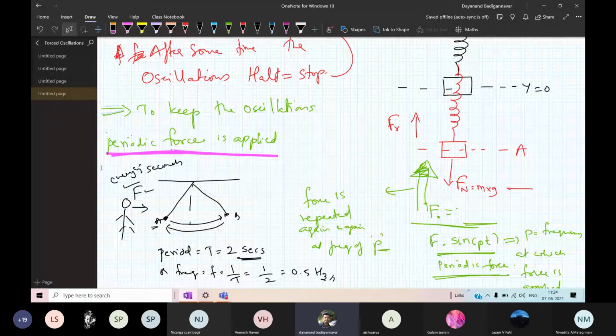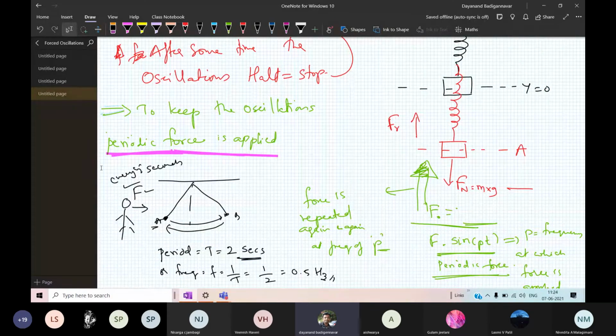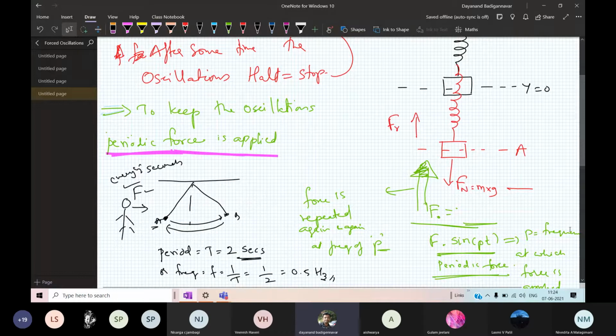Regular interval means a periodic function, so a periodic force has to be applied. If you multiply the force with a sine function, that force is periodic, and it has a frequency equal to p. P is nothing but the frequency at which the force is applied.